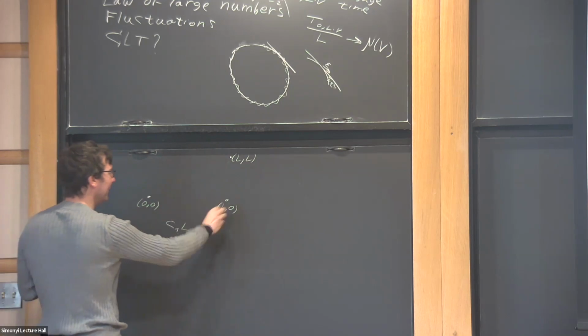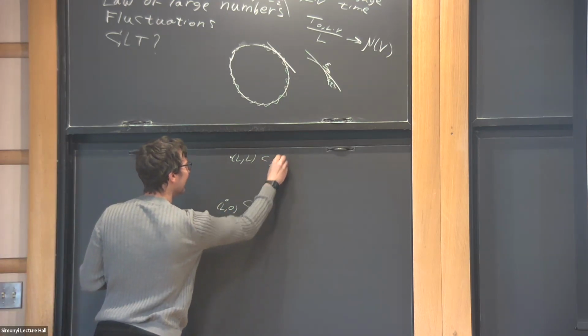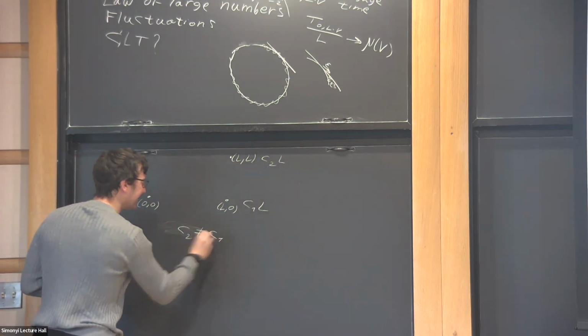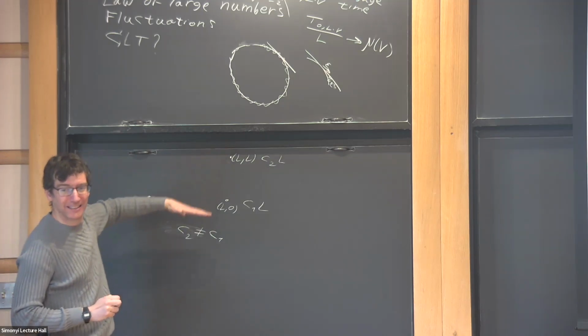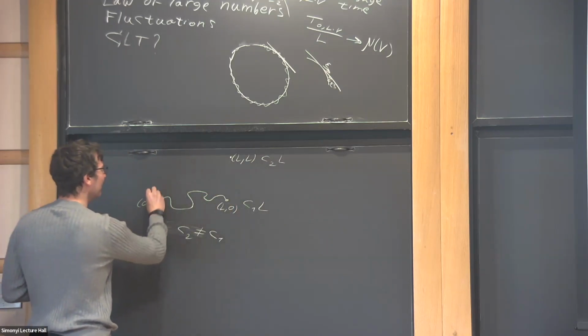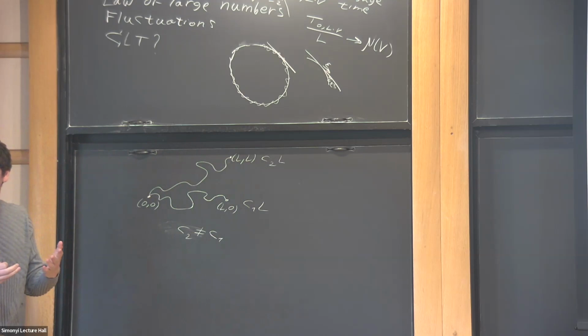Well, if you want to go there, it's going to cost you C2L. We don't know that C2 is different from C1. We don't know that it actually costs you more to go diagonally than to go straight. It's possible that this path to the first order of magnitude has the same length as that path. We don't know to rule that out. So that's rather ridiculous, I would say.